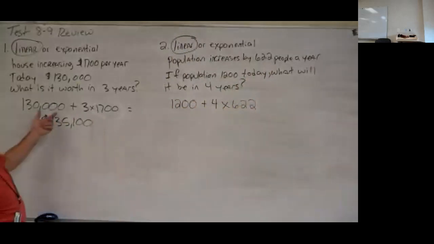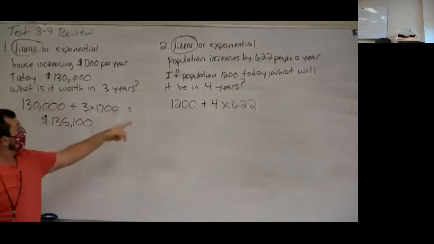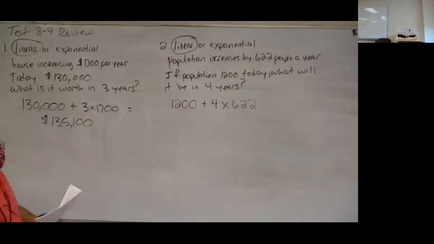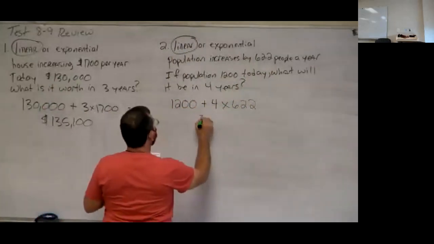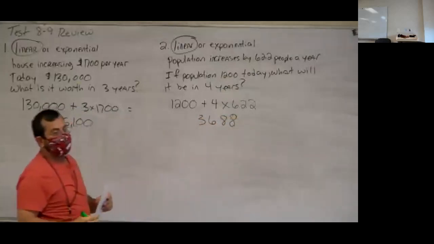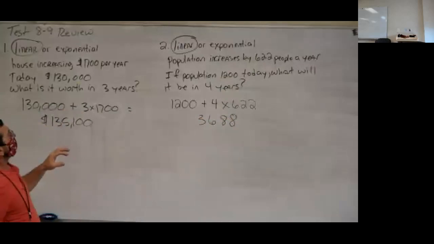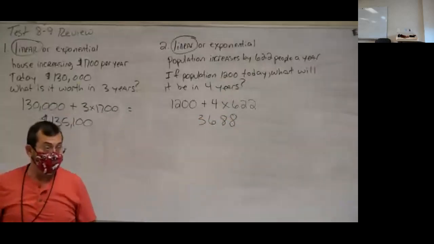On the first one I started with my 130,000, and then gained 1,700 a year, but this one had 4 years at 622. When I multiplied that out, I got 2,488. And just make sure these amounts are going up because it said it was increasing, okay?